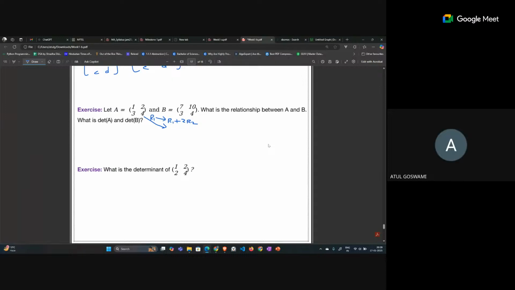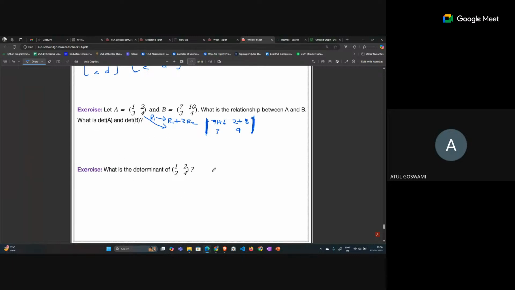Then we add and get a new matrix with 1 plus 6 and 2 plus 8 in the first row, and 3, 4 in the second. Because this is the third property, the determinant will be unchanged. You can calculate and verify. So the determinants are the same basically.